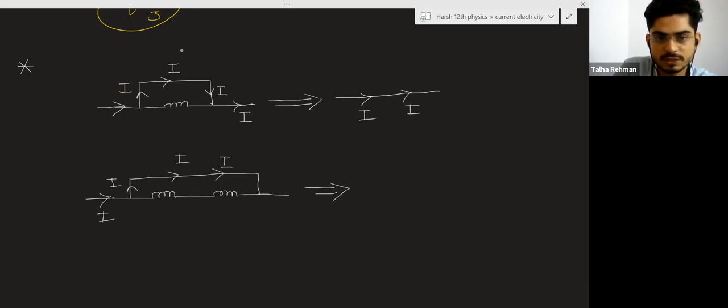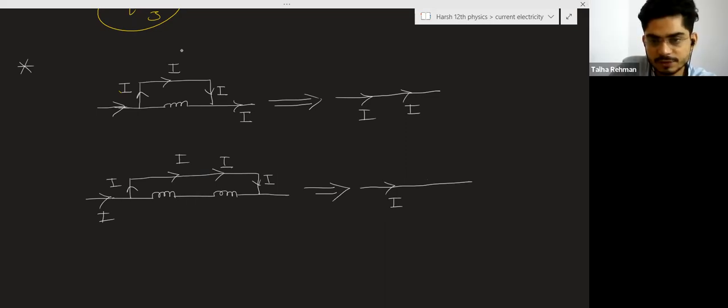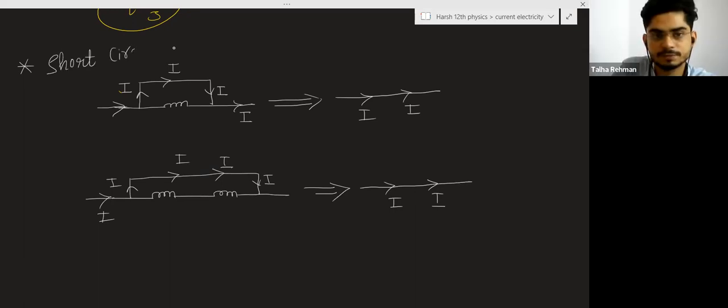So in both the resistances, there is no current. So you can just remove this, and instead of this, you can make a single wire. So this is known as a short circuit.